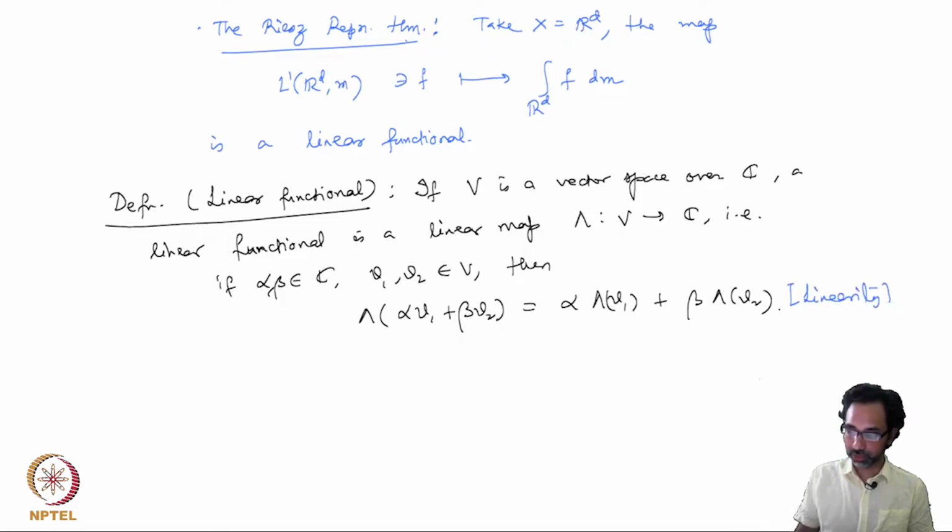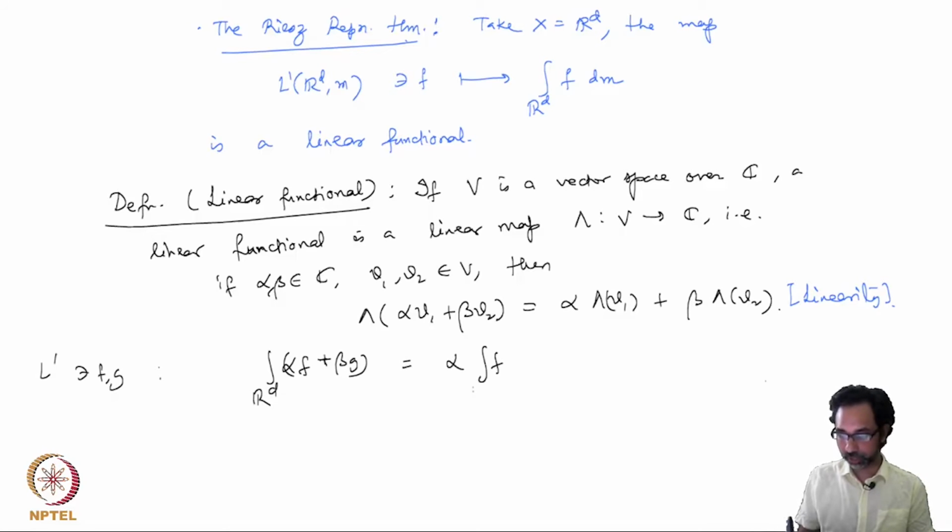And of course we have seen that Lebesgue integration is linear in this sense, because if you take two functions f and g in L1, the Lebesgue integral of alpha f plus beta g is equal to alpha times the Lebesgue integral of f plus beta times the Lebesgue integral of g.